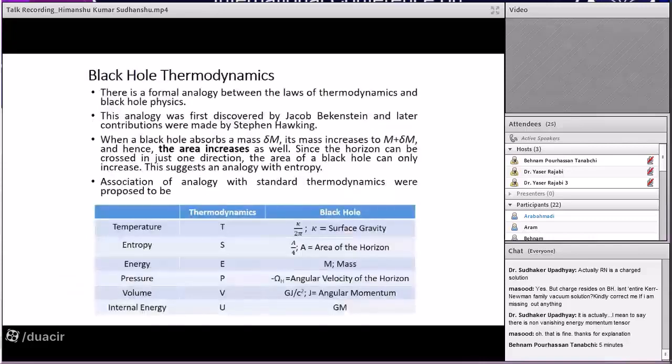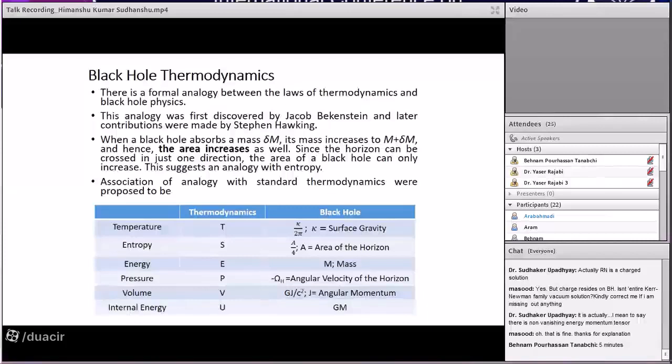Now let's talk about black hole thermodynamics. A formal analogy between the laws of thermodynamic systems and black hole physics has been found. This was first proposed by Jacob Bekenstein, and later contributions were made by Stephen Hawking and others.